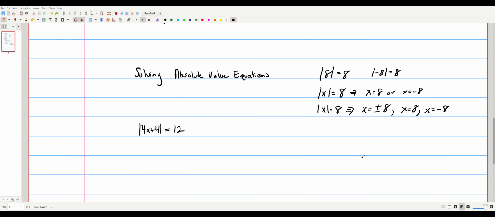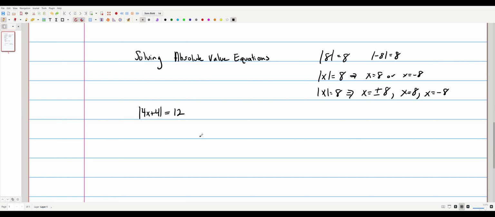So let's come up with an example here, and we have one waiting for us. The absolute value of 4x plus 4 is equal to 12. So the idea here is that, and I can make this a little more complicated. Let's do minus 12 is equal to 28.